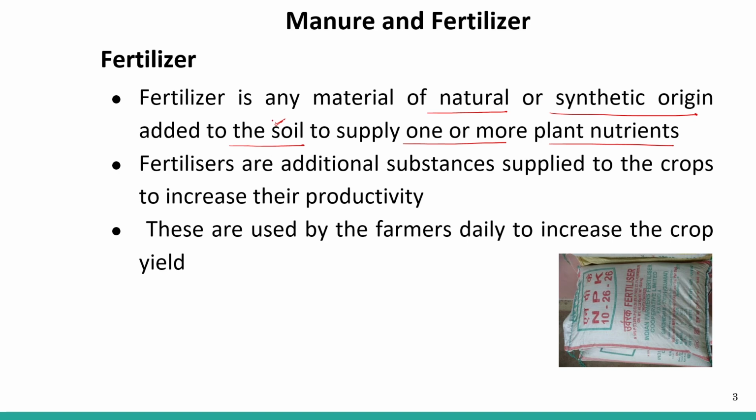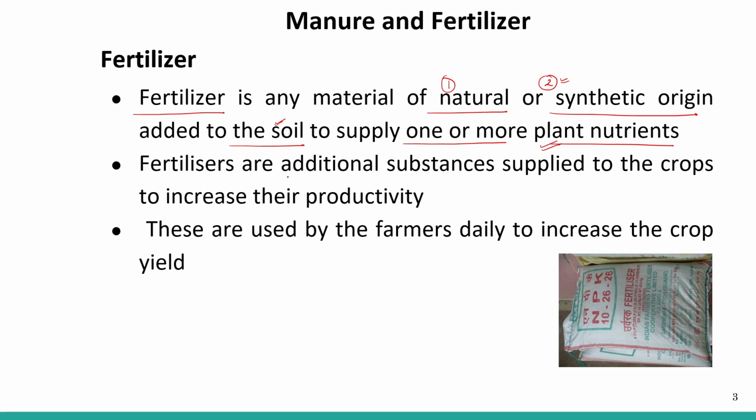So we have to replenish that particular nutrient so that our crop can flourish in a proper way, right? So the fertilizer is a material that can be natural or synthetic in origin, that is added to the soil, and basically that is done to add nutrients to the soil, nutrients that are required by the plants, right?